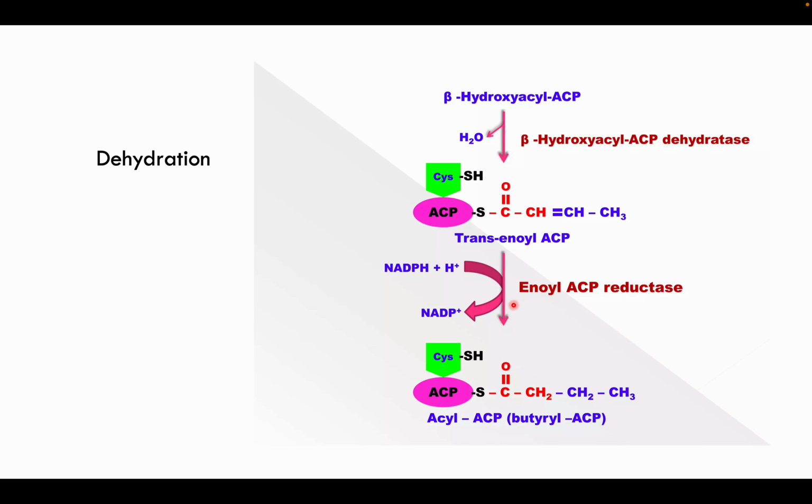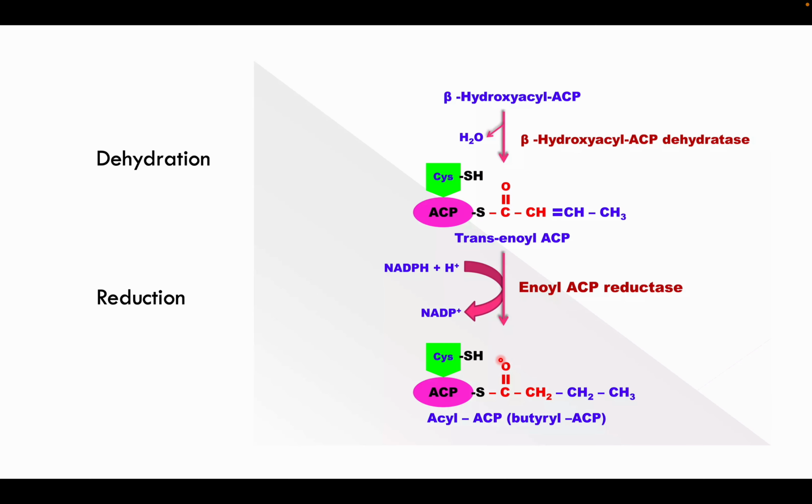And then there is another reduction, which is the addition of hydrogen, because the bond here is unstable, it's a double bond, and we need to reduce this because the single bond is much better than the double bond. So when we add the hydrogen here, the reduction, it forms butyryl ACP.